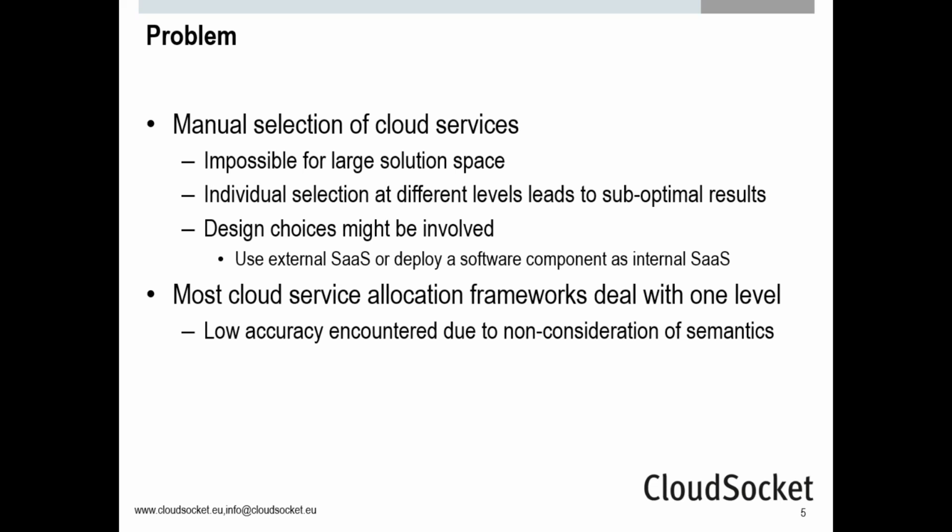So let's start with the problem. As you have seen in the previous webinar, which concerned the BPaaS allocation environment, the broker has to manually select cloud services at different levels. So he has to select SaaS services in order to realize the functionality of service tasks in the BPaaS workflow, and he has to also discover IaaS services in order to support the deployment of respective internal service components of the BPaaS workflow.